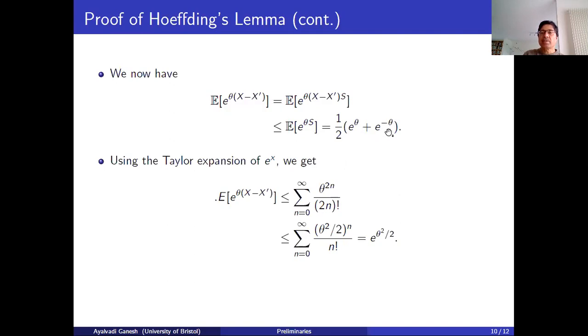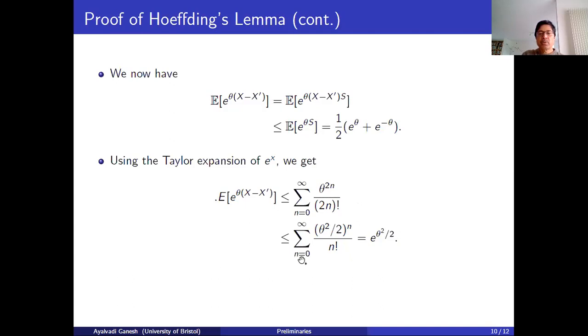And here we have the sum 1 minus theta plus theta squared over 2 factorial and so on. You can see that the odd powers of theta cancel from the e to the theta and e to the minus theta terms. The even powers add up. So what we are left with is the sum of theta to the 2n over 2n factorial, over n. We only have the even terms in the expansion.